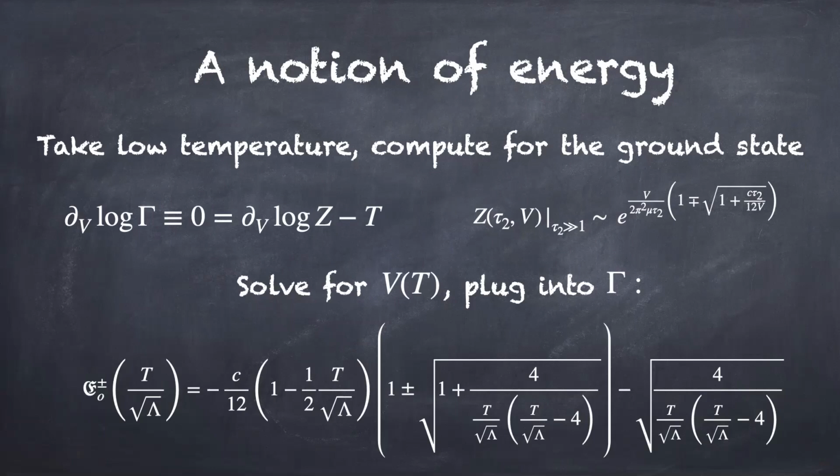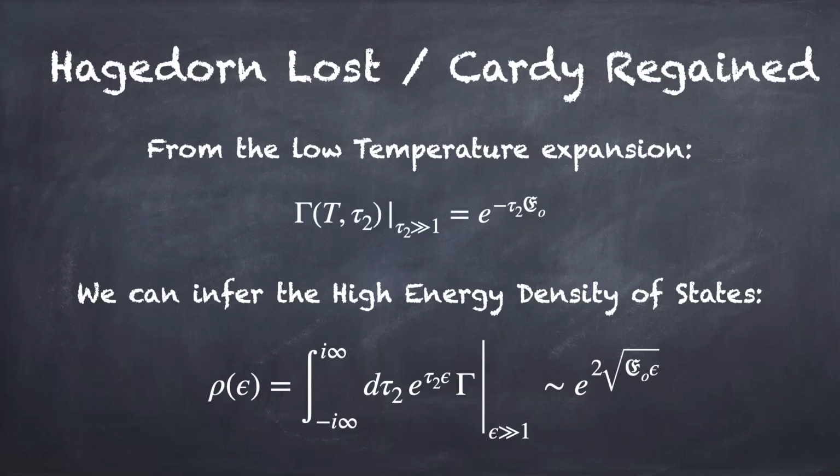If one picks T over root lambda within certain physical bounds, it will be well behaved for arbitrary C. So as long as our parametrization of the flow is valid, there won't be any specification of the theory which removes the ground state. This is characteristically different from the case where we had a Dirichlet cutoff. One could, in principle, remove the ground state by changing the initial data by a sufficiently large amount.